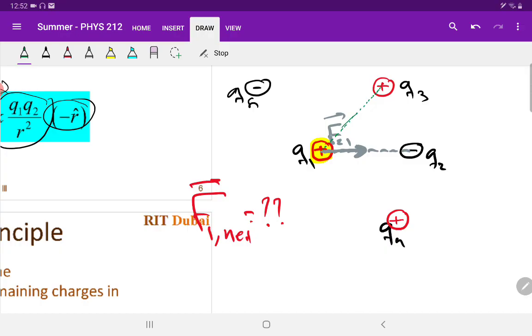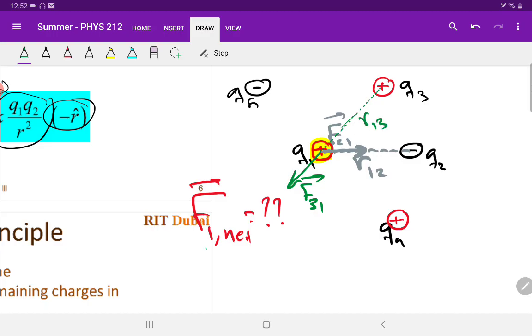Since this is positive and this is positive, the force will be repulsive. That's what we call F31, the force that Q1 will feel because of the presence of Q3 at a distance. Keep in mind that I can identify the distances: this will be r12, and this one I can describe as r13.